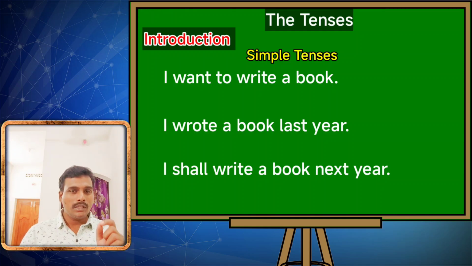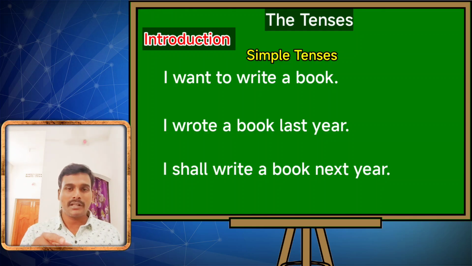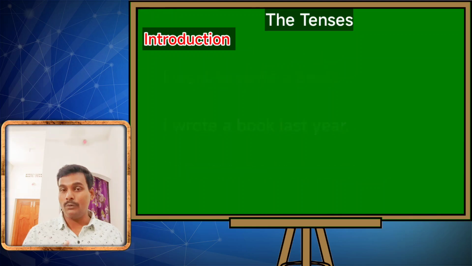Okay, so these three simple tenses are indefinite tenses, simple present, simple past, and simple future. So the actions or events whose time we cannot define exactly can be expressed in all these three simple tenses. I hope you got it.